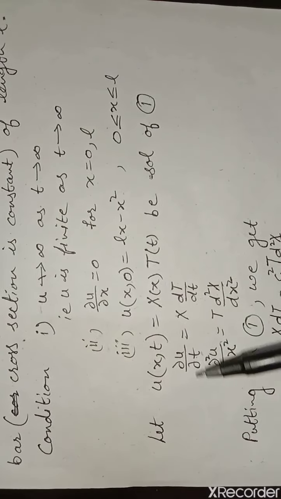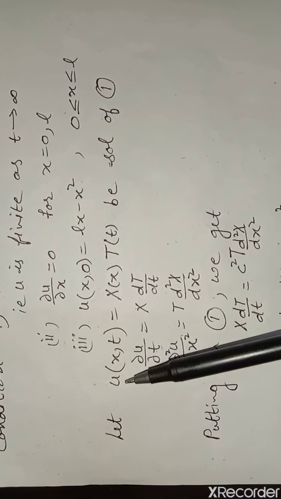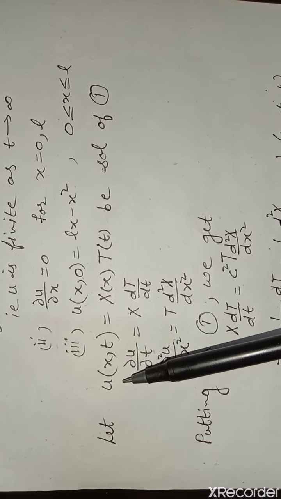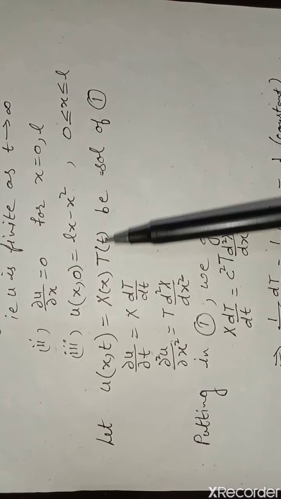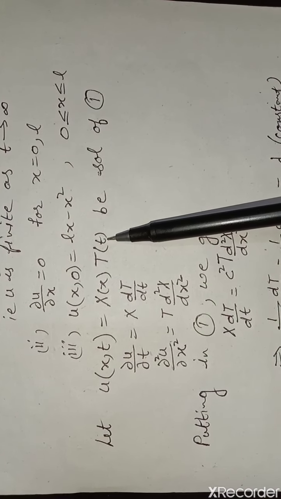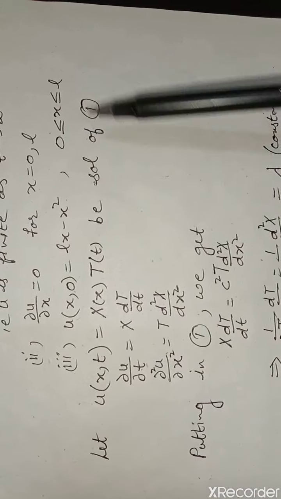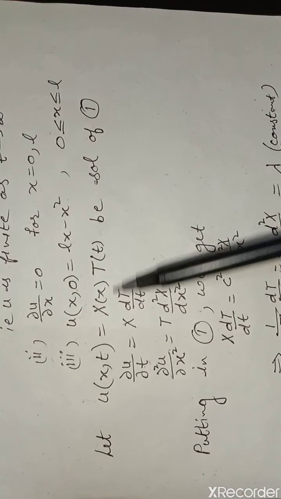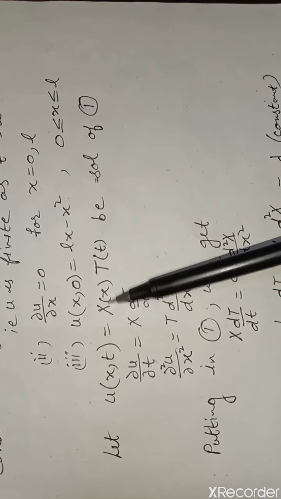We solve this problem by the method of separation of variables. u is a function of x and t, so we write u as the product of two functions: one is a function of x and another is a function of t. We assume this to be the solution of the given partial differential equation, so this u must satisfy it.